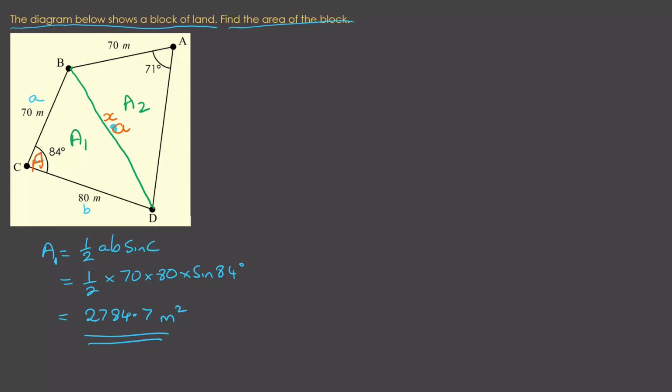I now need to call this angle A, and then I can call these B and C. And I can use the cosine rule. So I have A squared equals B squared plus C squared minus 2BC cos A.